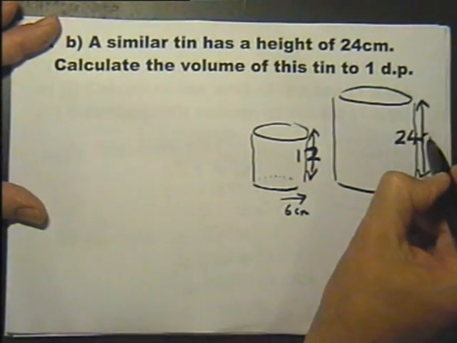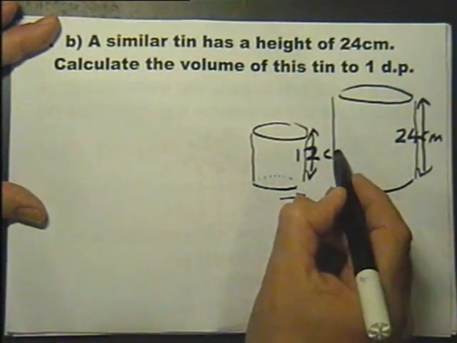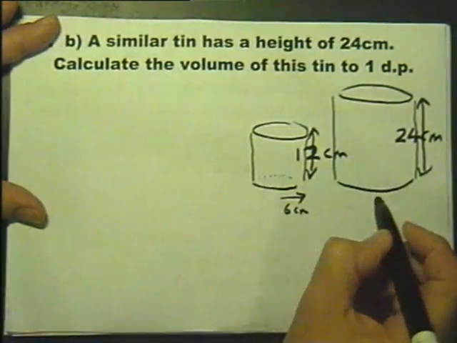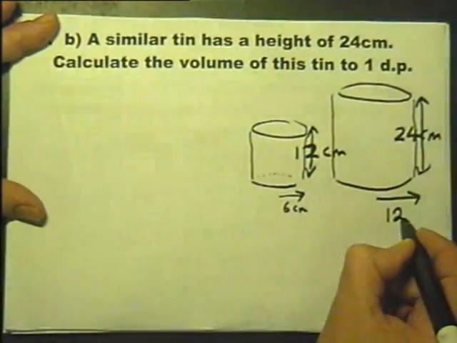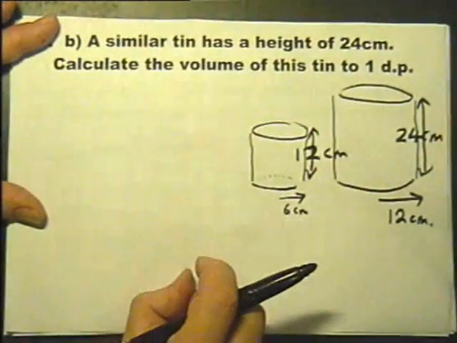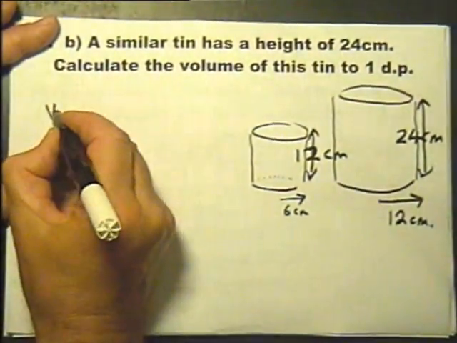Because it's similar, in mathematics that means an enlargement, a perfect enlargement. So you can see the height has been doubled. So therefore the base radius is doubled. So here's my larger cylinder, and we've got to find the volume of the larger cylinder. So there's two ways of doing this.